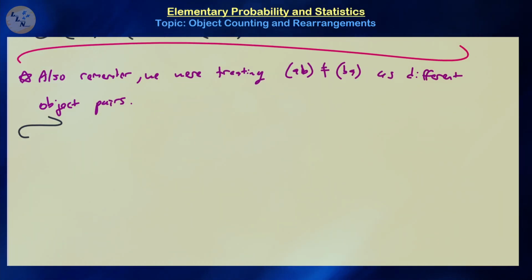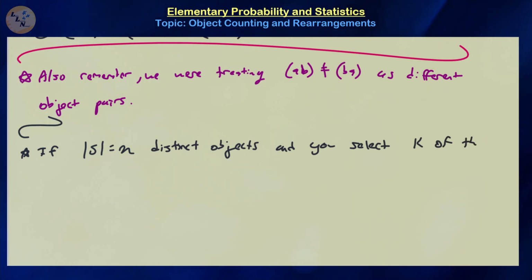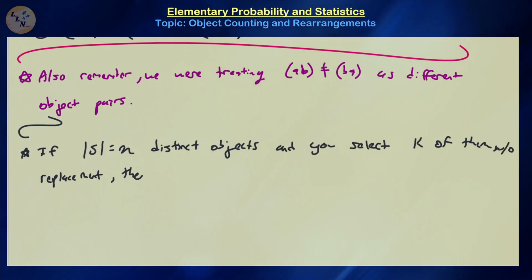So technically, one can show if the size of S is equal to n, and let's assume again these are n distinct objects, and you select k of them without replacement. Now notice how these problems are completely different.